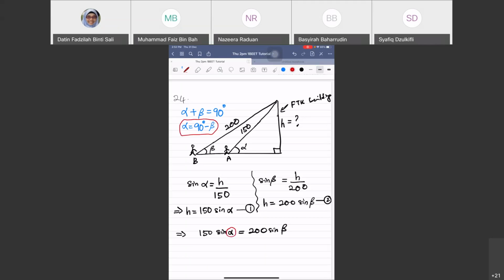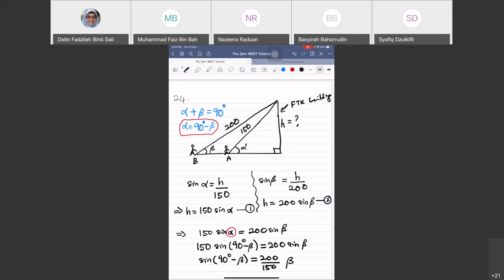Which means 150 sine of 90 degrees minus beta equals 200 sine beta. I can get rid of this 150 by dividing both sides by 150. So then sine of 90 degrees minus beta equals 200 over 150 sine beta.